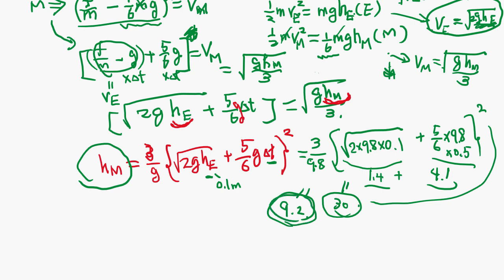Okay, so if you jump up on the Earth 0.1 meter, which is 10 centimeter, about 3 inches, because suppose you're carrying very heavy stuff, then on the moon you can jump up 9.2 meter high. You can jump up almost 10 meter. Can you believe that?